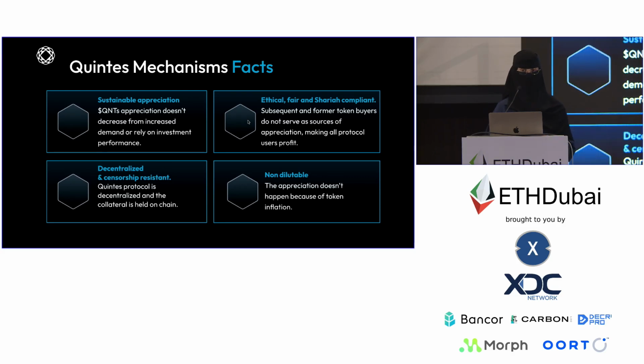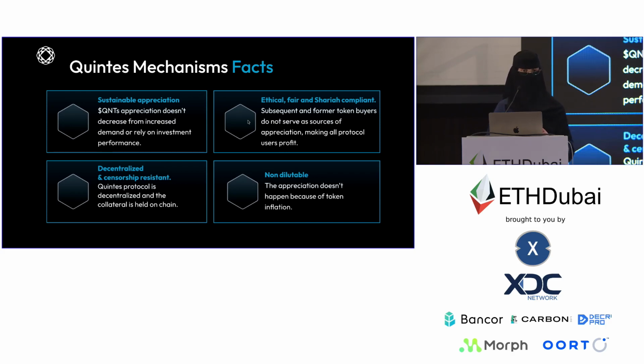So what are the key facts about how Quantus works, where is the yield coming from, and how is it sustainable? First of all, the yield is not coming from previous buyers. This makes it ethical and fair. It is also non-dilutable, because the yield is not coming from token emission and inflation.